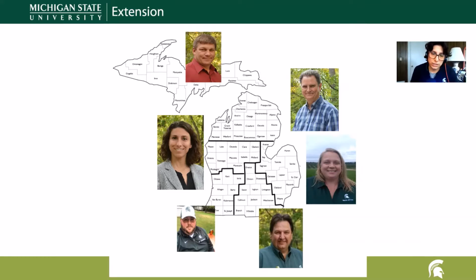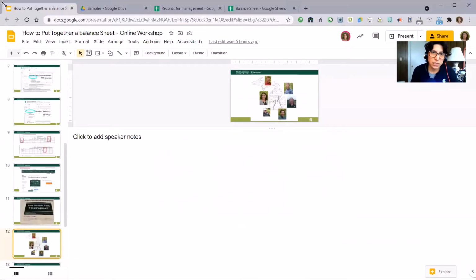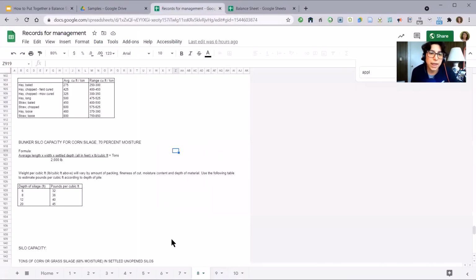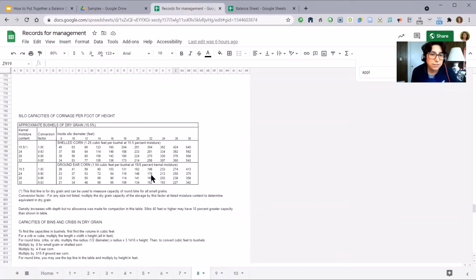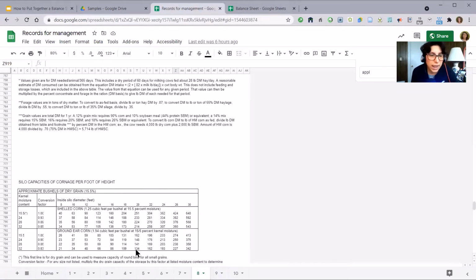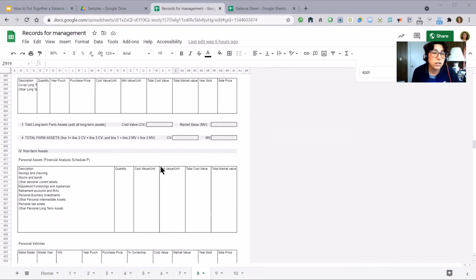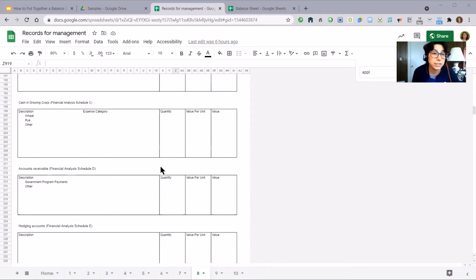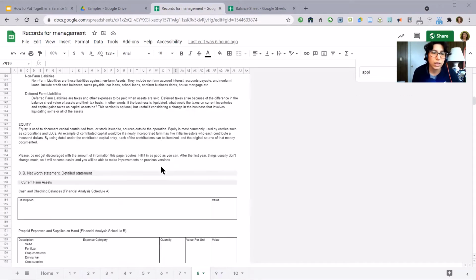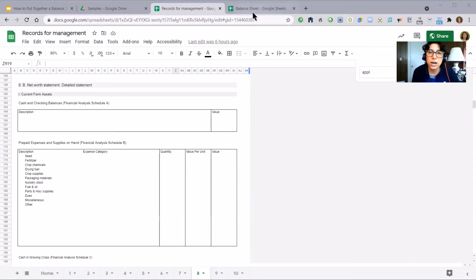Let me switch. I'm going to stop sharing this, and I'm going to show you here. I have the two files that I was just telling you about. This is the Farm Records Book for Management. It has a lot of different tabs to enter your accounting records throughout the year. But today we're going to focus on sheet number 8, which is the balance sheet. Here's where we're going to start.